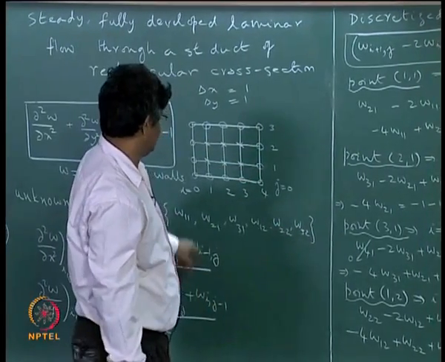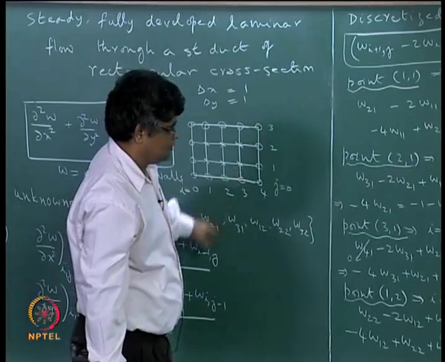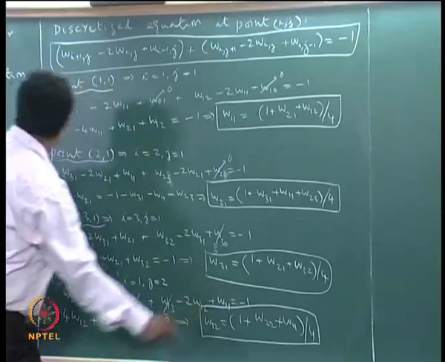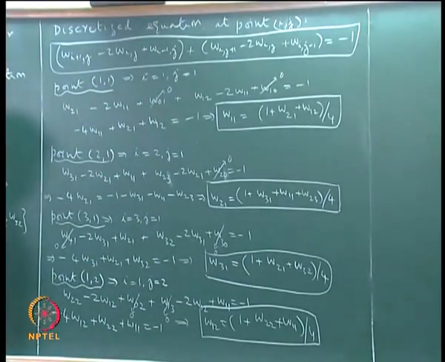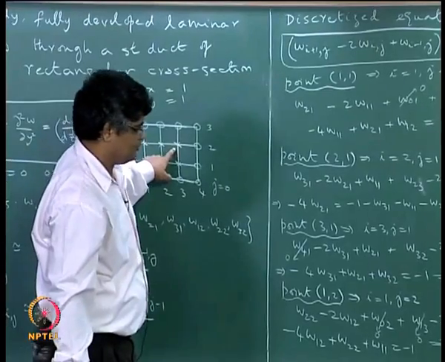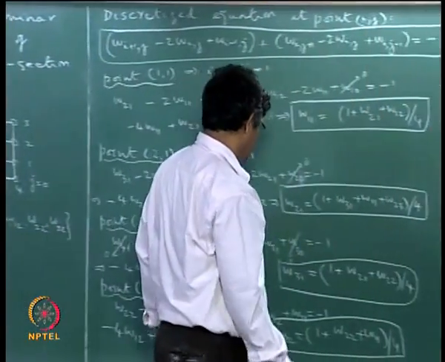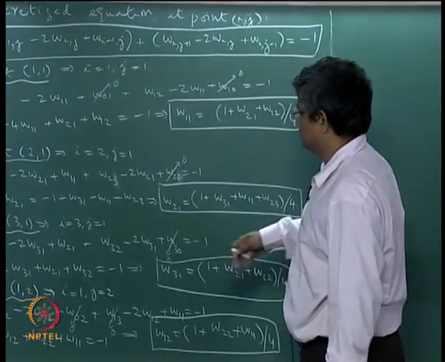We can go through that. So for example 1 plus W21 plus W32 by 4, so we can do it like this, or we can do it the hard way.